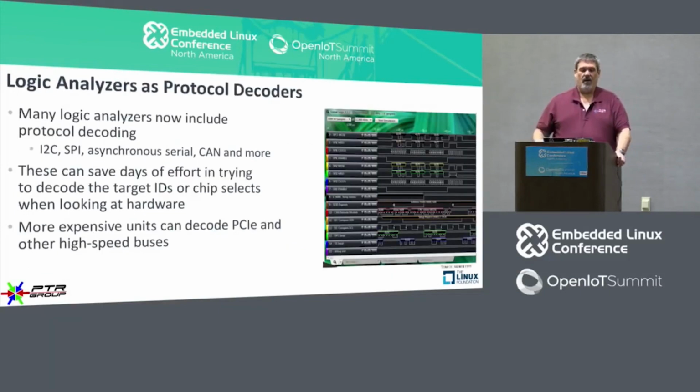Okay. Now, logic analyzers and protocol decoders. Most of the high-end logic analyzers these days have got protocol decode in them. They've got I2C, SPI, CAN bus, asynchronous serial, etc. The tricky part, of course, is just identifying the signals.